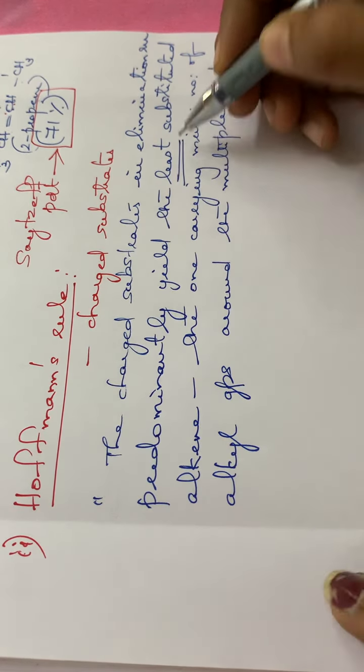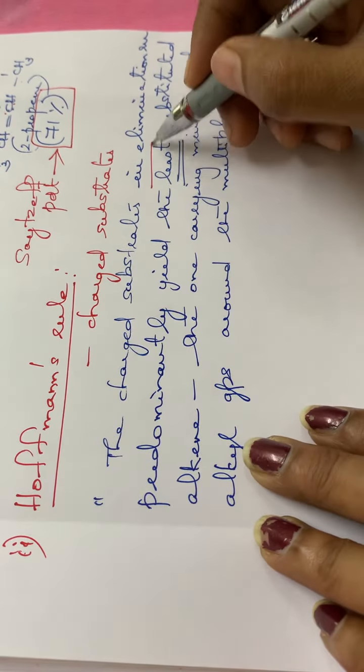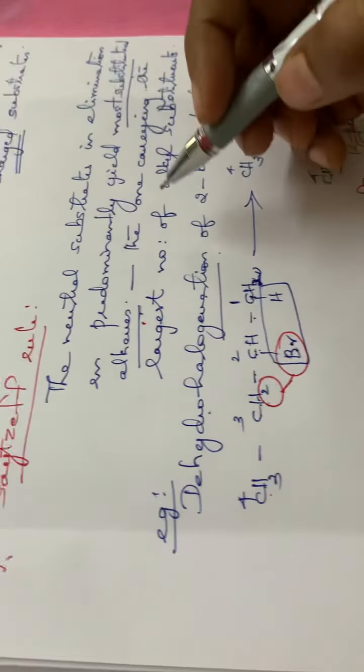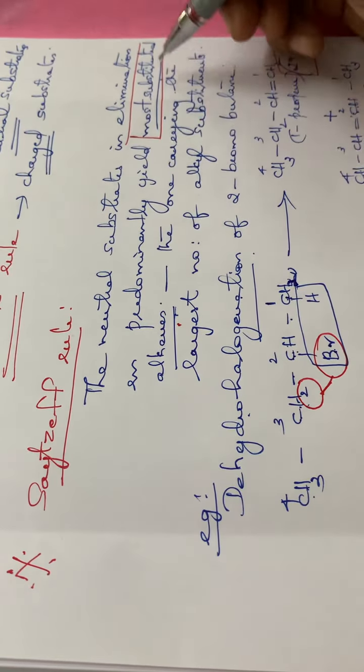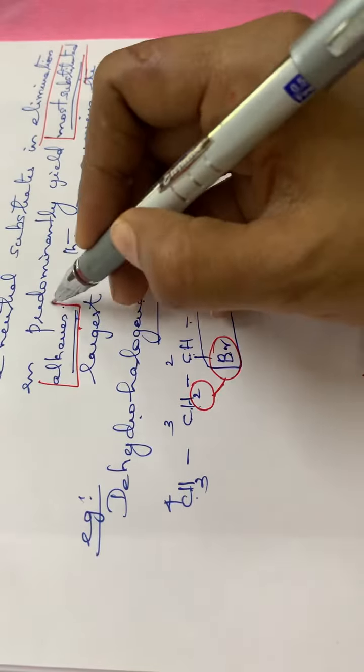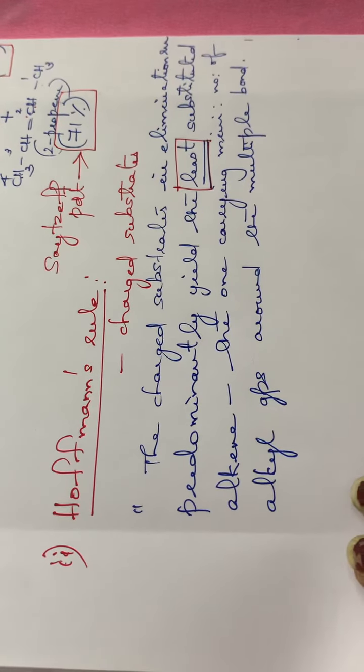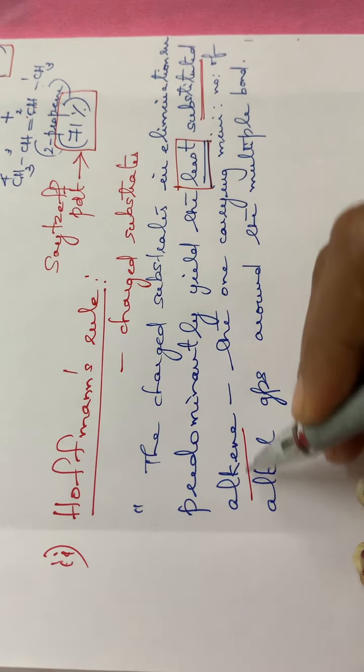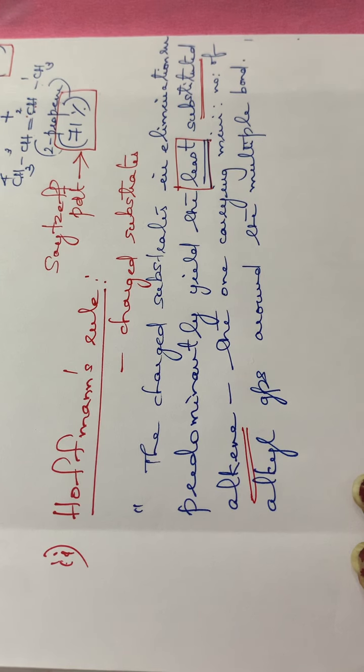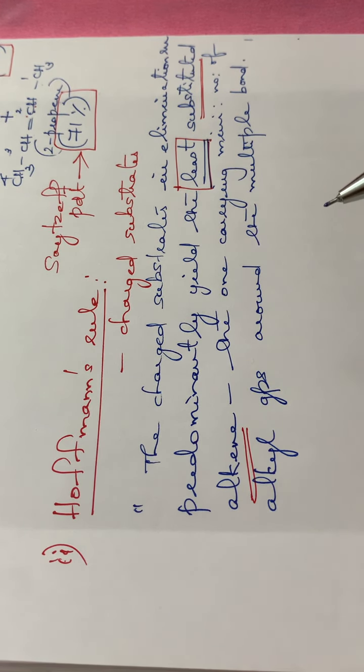So you have to stress this particular point, least substituted, and the other one, the most substituted alkene. Okay. You have to write the statement also. Then going to the example.